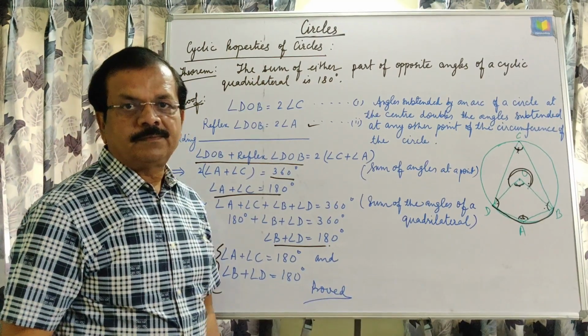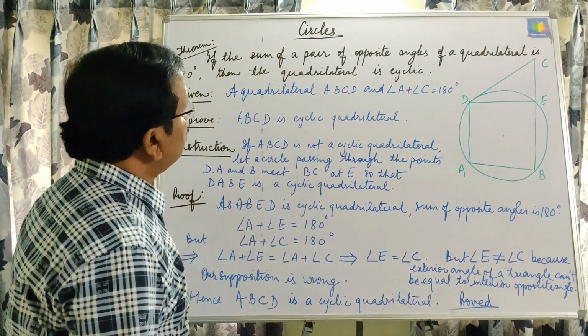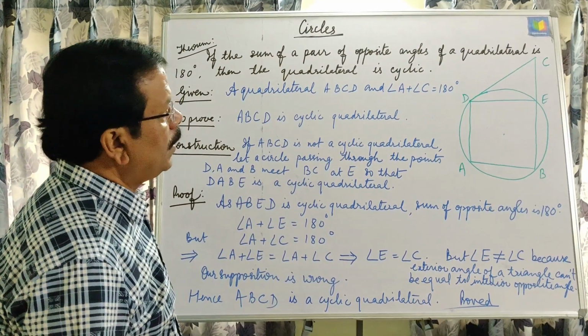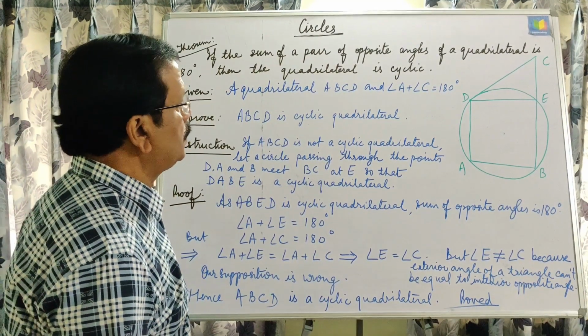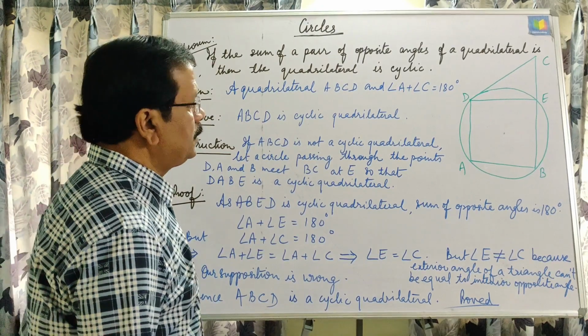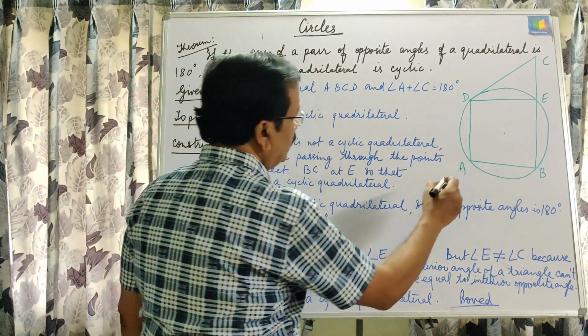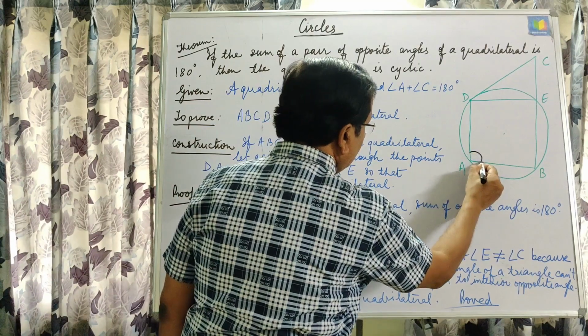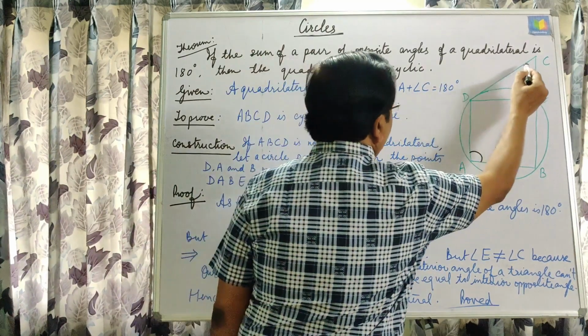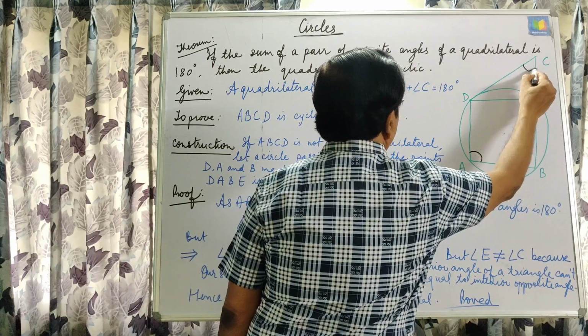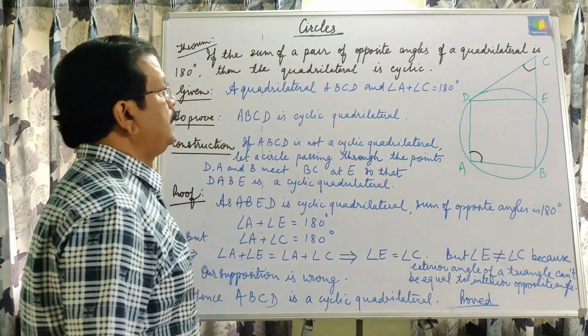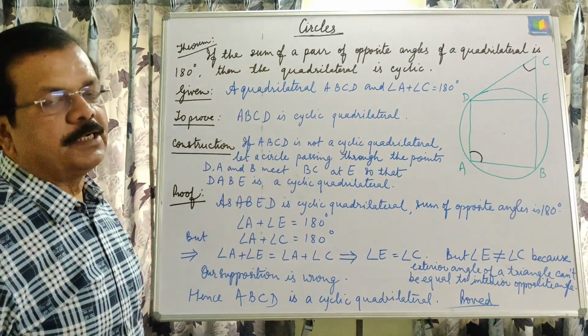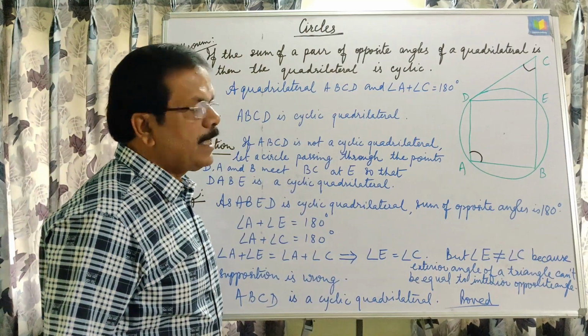Now the next theorem. If the sum of a pair of opposite angles of a quadrilateral is 180 degrees, this angle plus this angle is 180 degrees, then the quadrilateral will be cyclic.